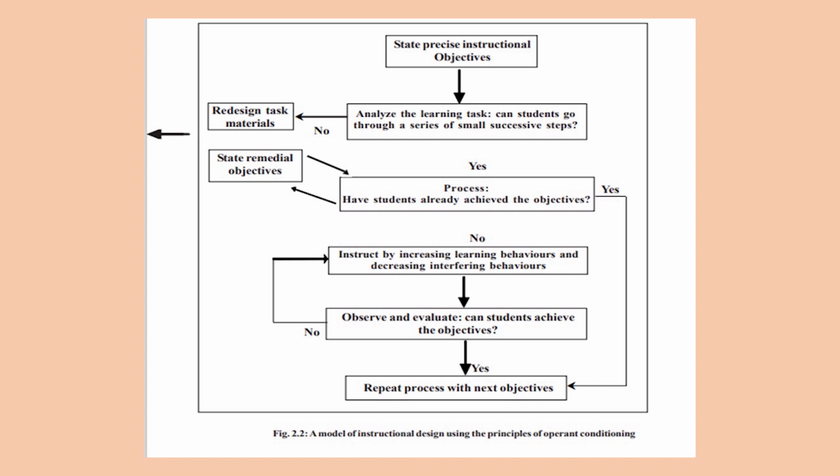But if the student again has not been able to achieve the learning behavior desired by the teacher, then we will again go back and instruct by increasing learning behaviors and decreasing the interfering behaviors until the students are able to achieve the desired objectives. And thereafter we will repeat the process with the next objectives. So this is how the learning tasks are designed for instructional objectives.